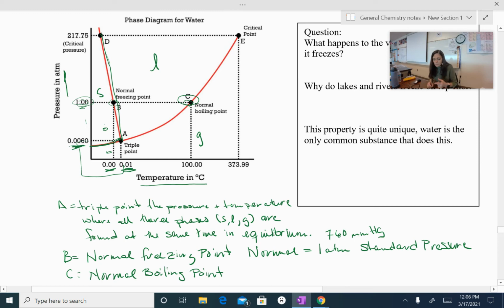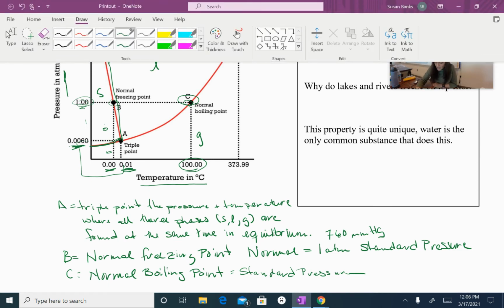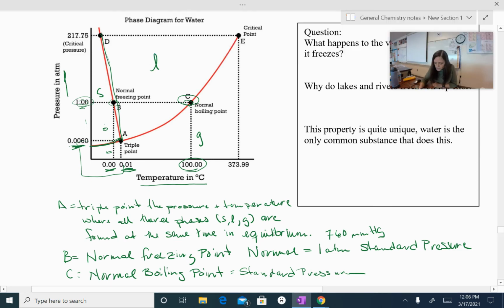Okay, now notice normal, once again, we're at standard pressure. And so once again, our temperature is 100 degrees. But notice between A and E, I have a whole bunch of different pressures and temperatures that water can boil at.